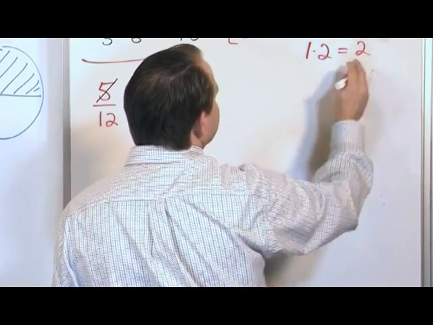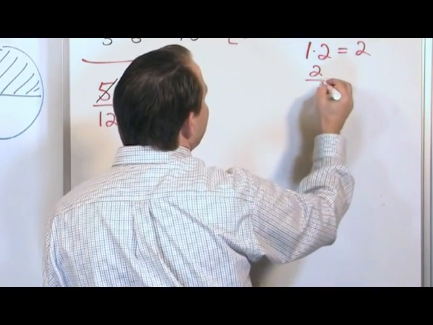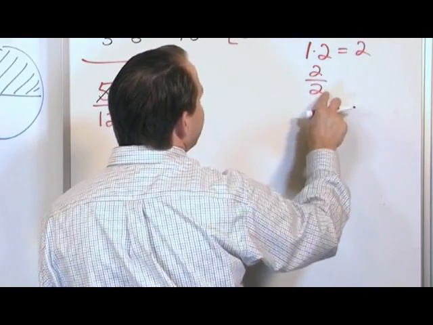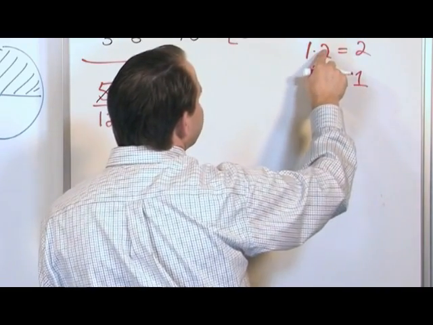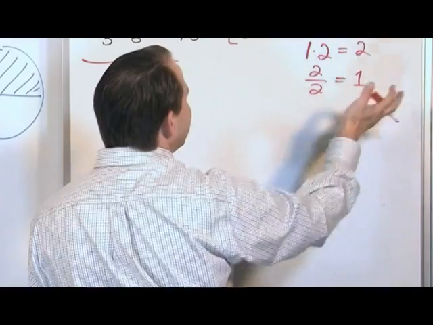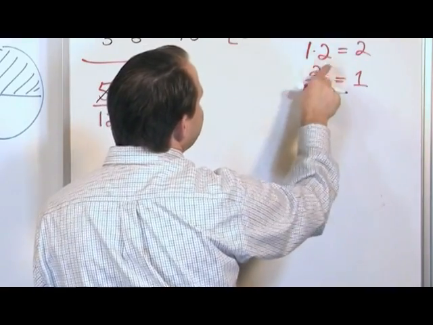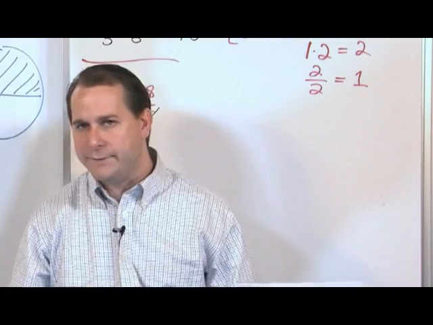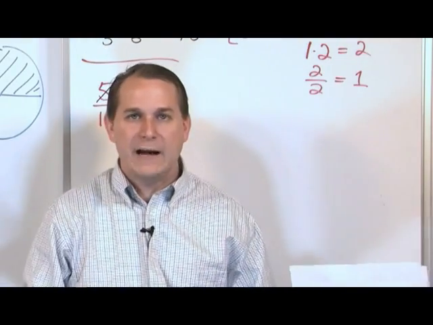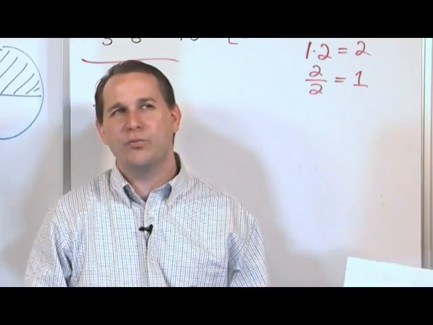That's going to give us 2. And then we take this answer and divide it by 2 again, and that's just going to give us 1. So the fact that we multiplied by 2 and then divided by 2 really disappears. We end up with the same number that we started with. If you take 3 and then multiply by 4 and then just turn around and divide by 4, then the 4s really don't do anything.